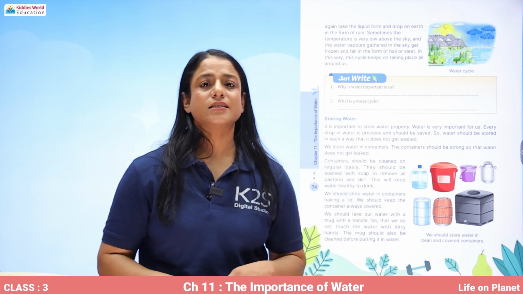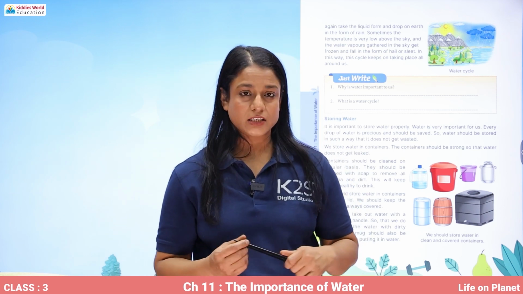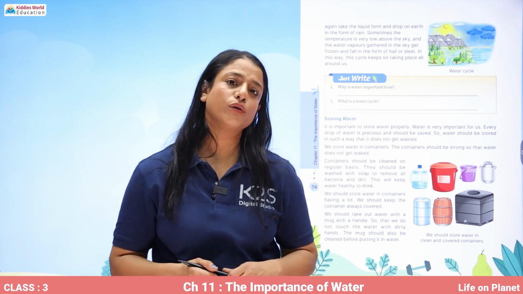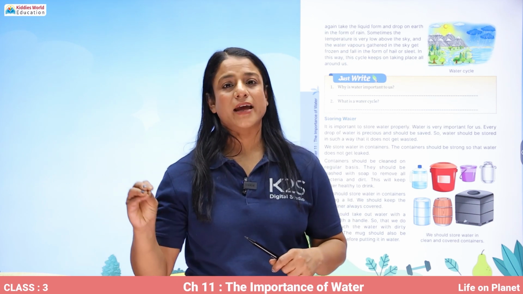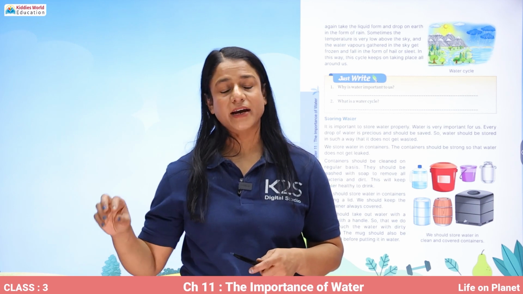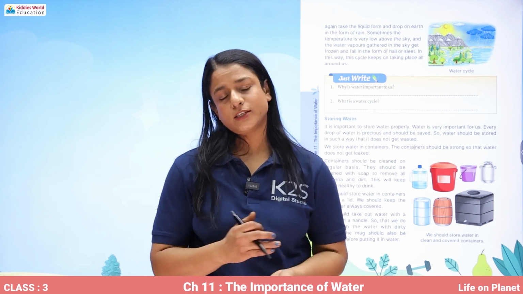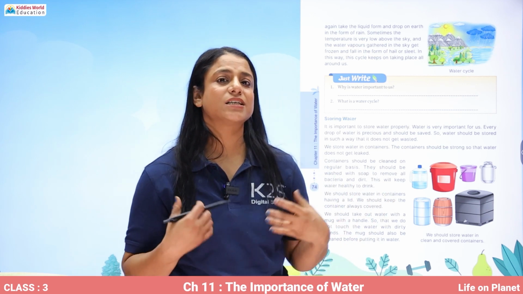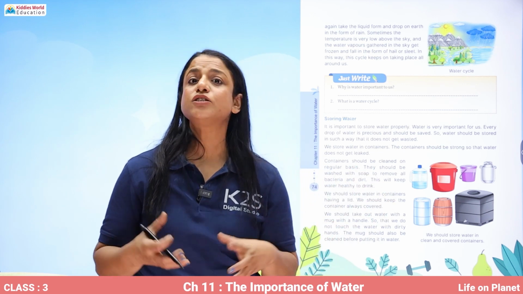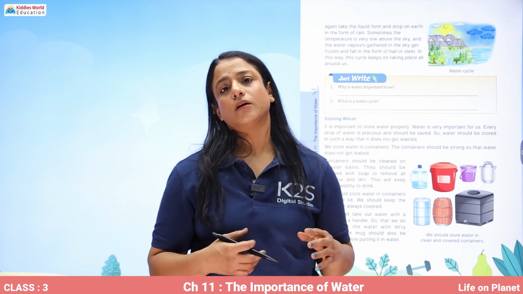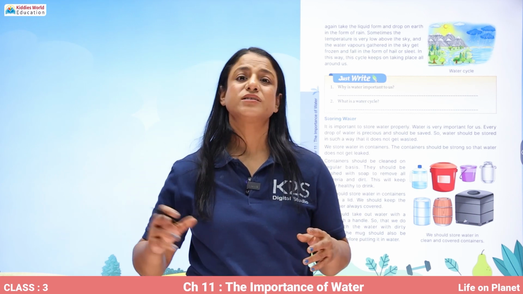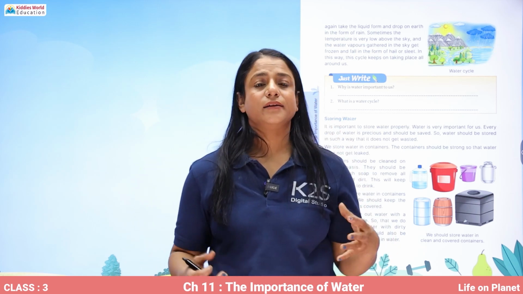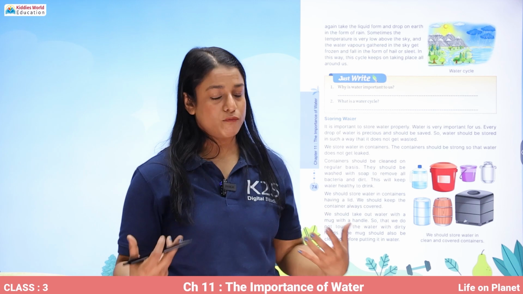Now, this is about water and its forms, but it is very important to store water in the right way. So, how should we store water? Water should firstly be stored in containers which are very strong, which do not allow the water to seep out of them, are not leaky, and are strong enough to hold a lot of water.